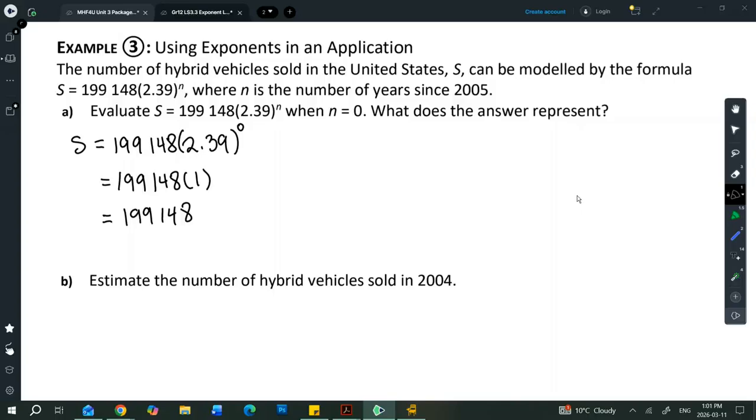Perfect. Okay, so therefore there were 199,148 hybrid vehicles sold in 2005.